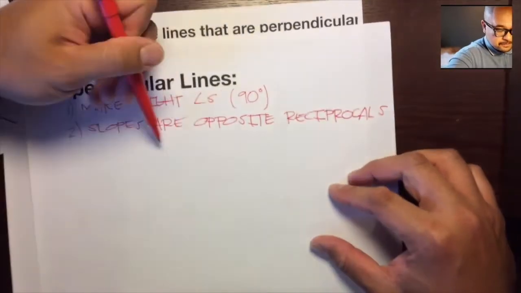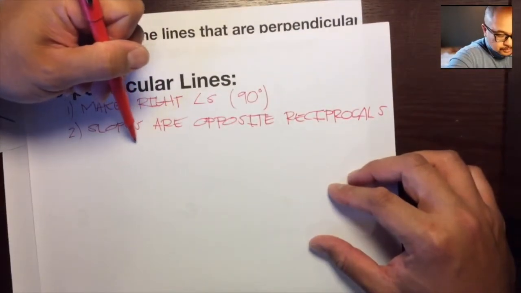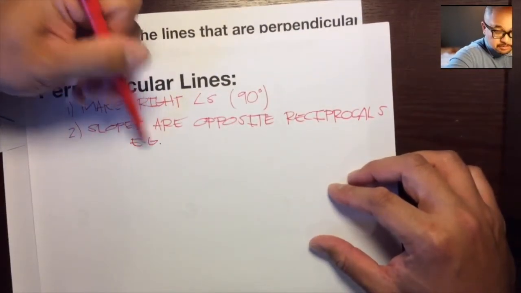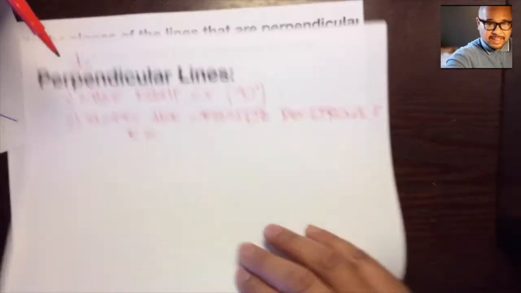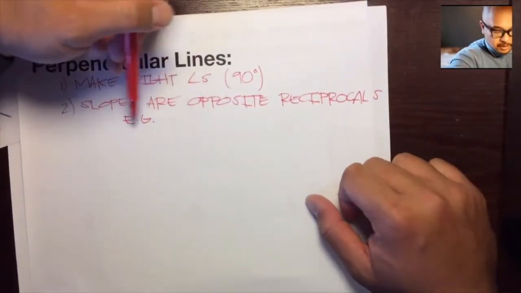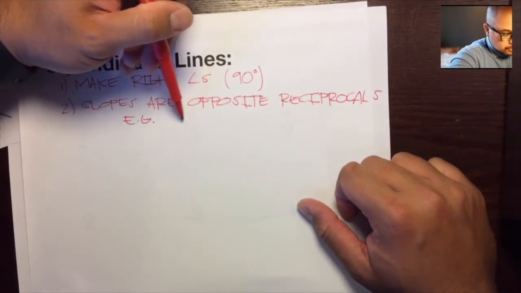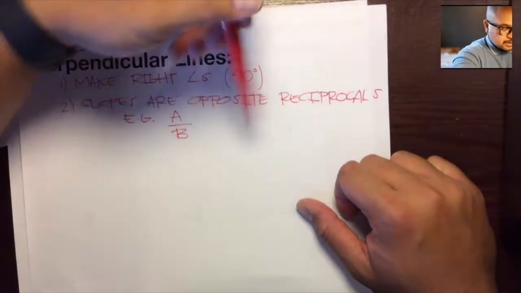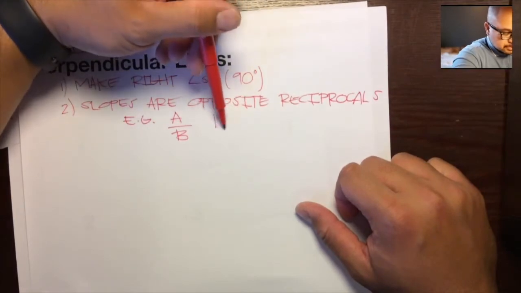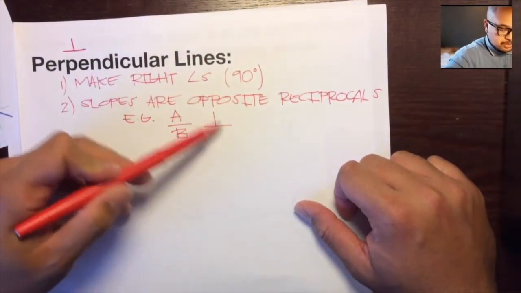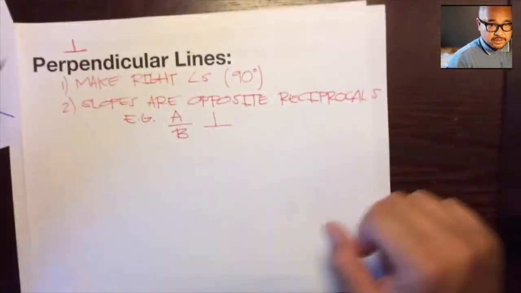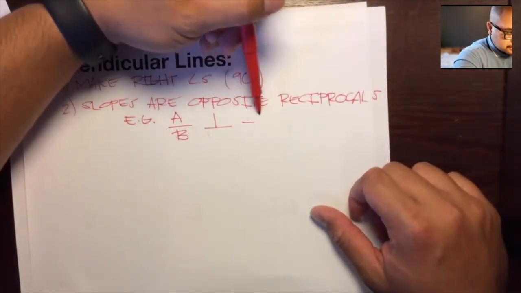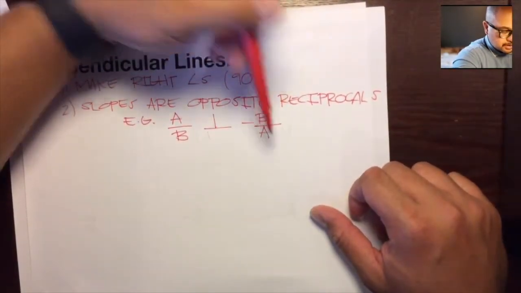Okay, and just for example, so let's put a little e.g. For example, if the slope of one line is a/b, then the slope of the line that's perpendicular, so we're going to use this perpendicular symbol like we said earlier, would be negative b/a.